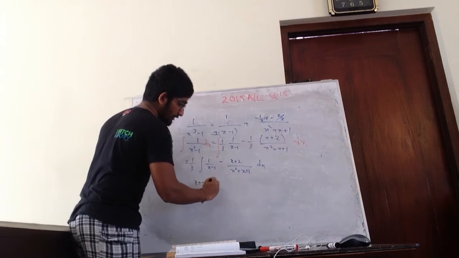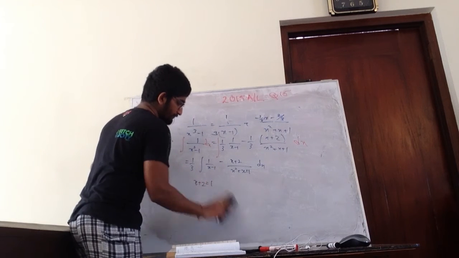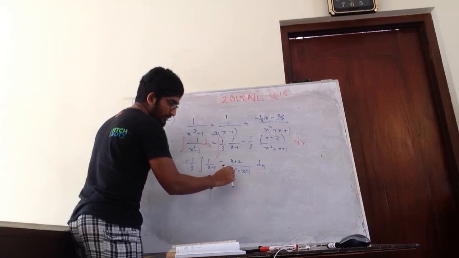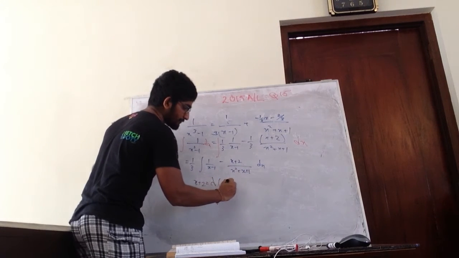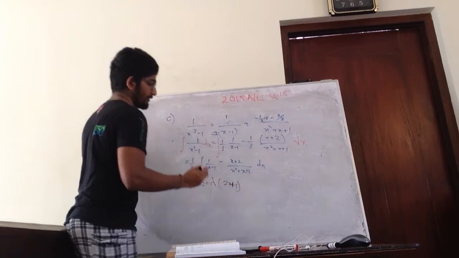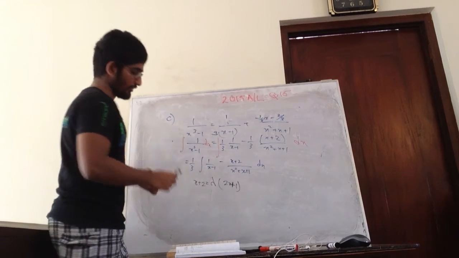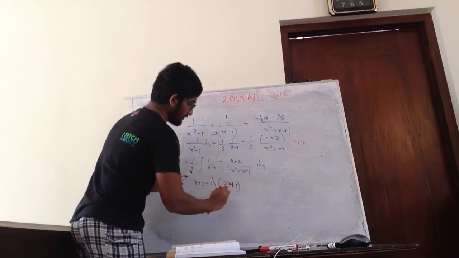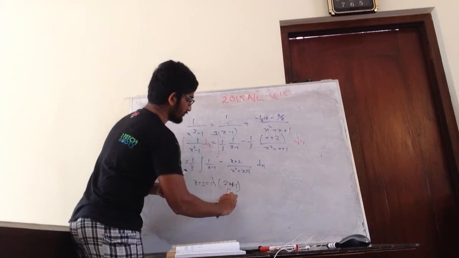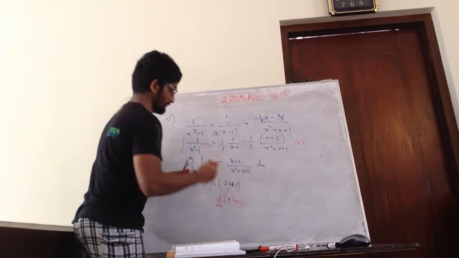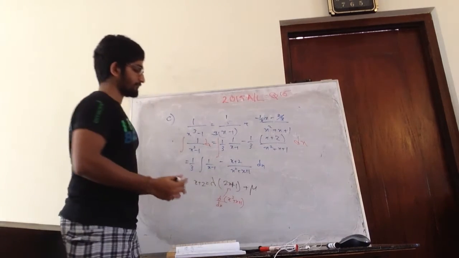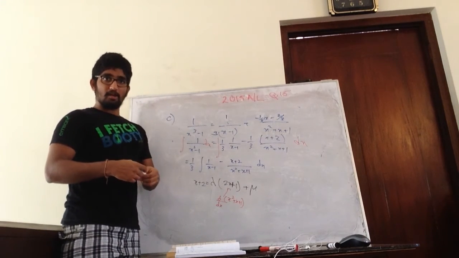That is 2x plus 1. So this is lambda times d over dx of x square plus x plus 1, plus some constant.